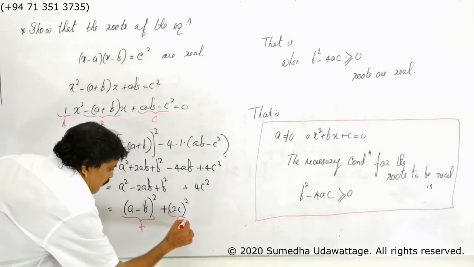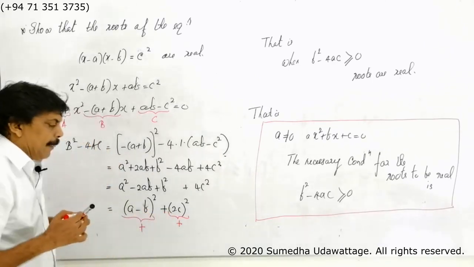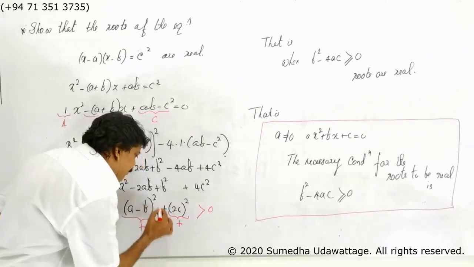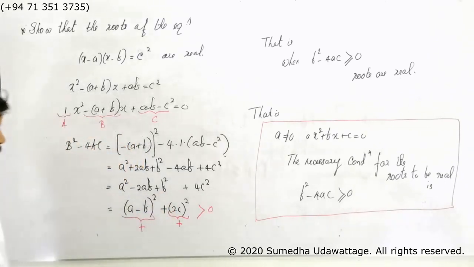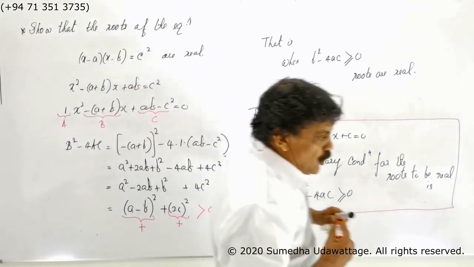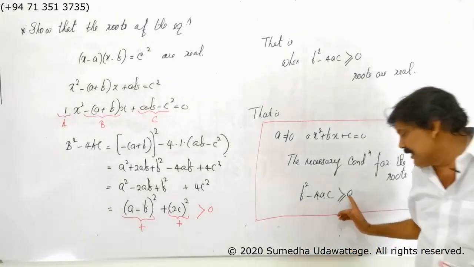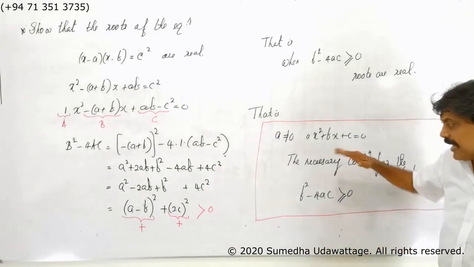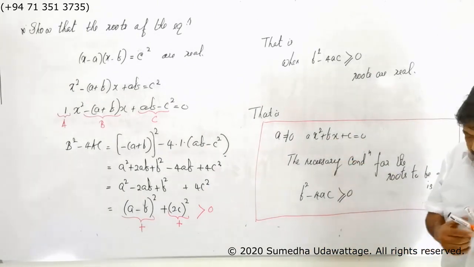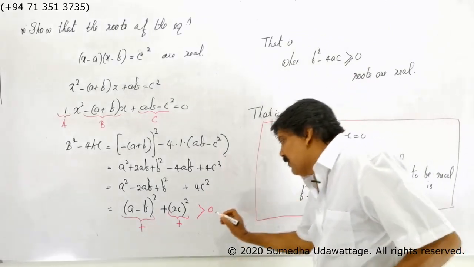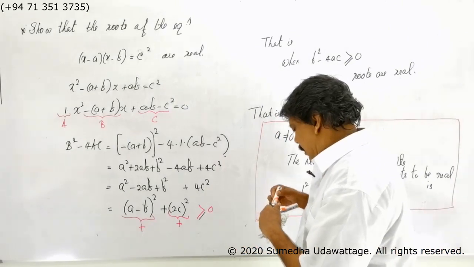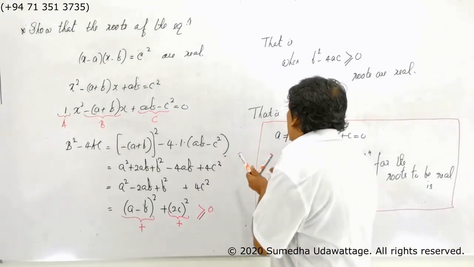Therefore, delta is larger than 0, a plus value plus a plus value. Now, when talking about the condition b square minus 4ac larger than or equal to 0, it can be equal to 0 and still the roots be real. We'll just think whether this could be equal to 0.